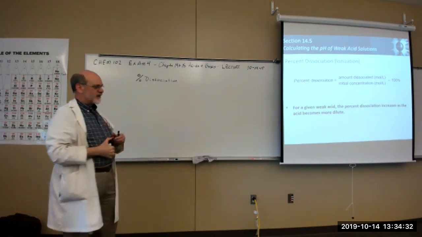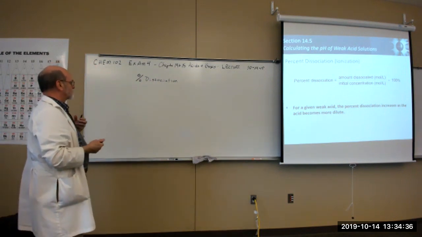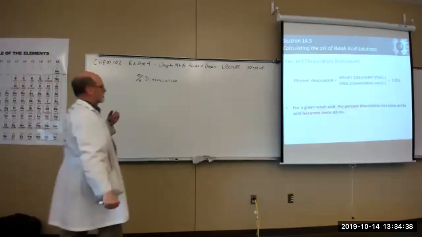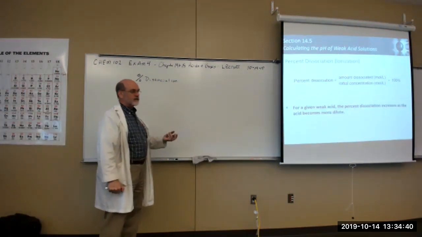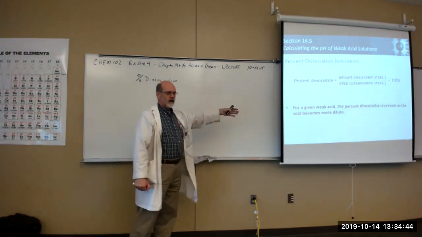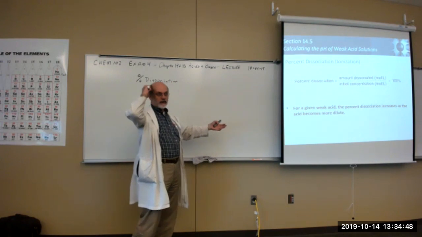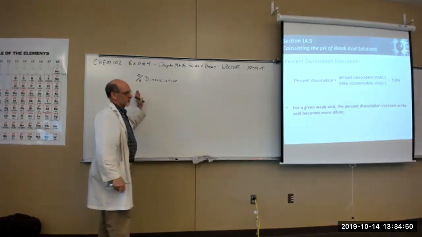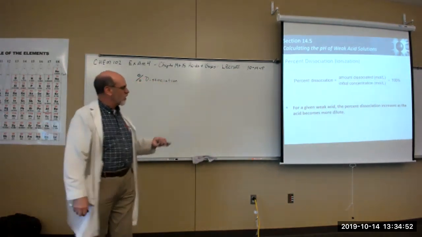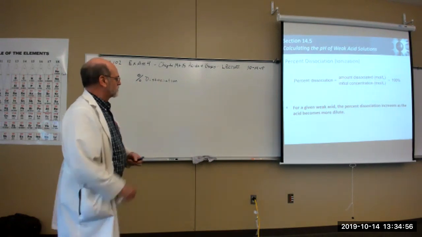In words, percent dissociation is how much of your acid ends up on the dissociated side, right, on the product side, relative to how much you started with, right? So that's why the equation says the amount that was dissociated, right?